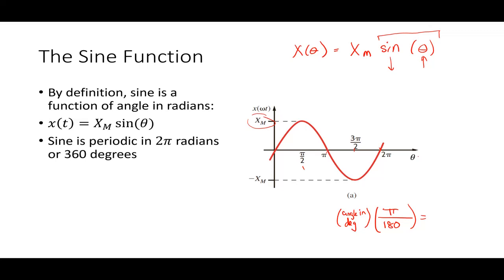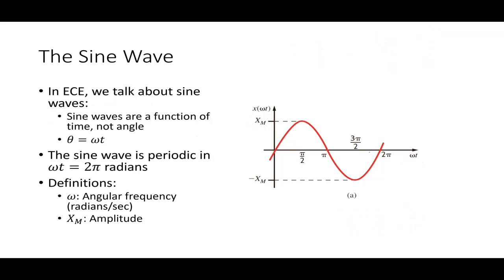Now, everything is defined in terms of an angle, but we don't typically use that. I call this the sine function. What we really talk about are sine waves, which is to say some sort of waveform that's varying as a function of time.